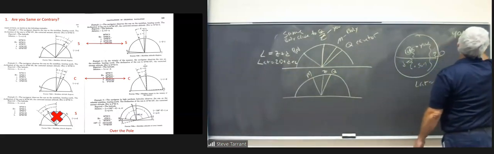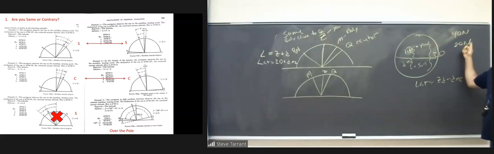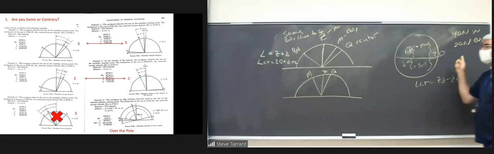And that's really to say lat equals ZD plus dec. So, your latitude is like you're around 40 north and the body's around 20 north. Same? Who's closer to the equator? The body.